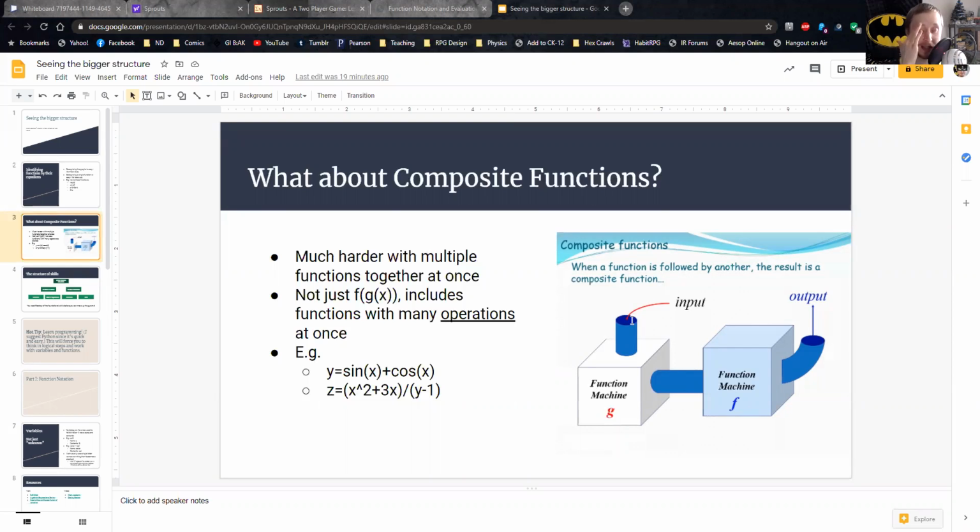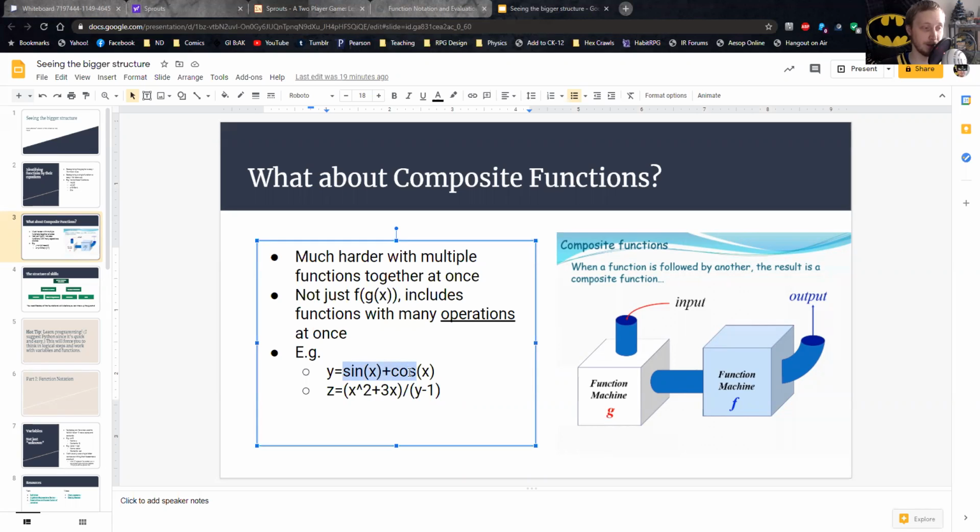Okay. And I don't just mean the typical composite functions, you know, oh, find f of g of x, f circle g, right? Get the little open circle in between the f and the g. I'm not just talking about how you can combine two things, put them together. I'm saying, what about when you already encounter something that has multiple base functions in it?